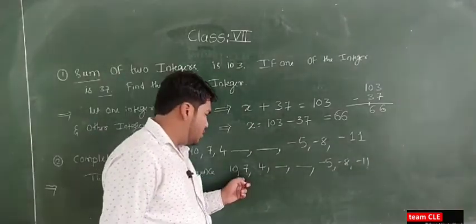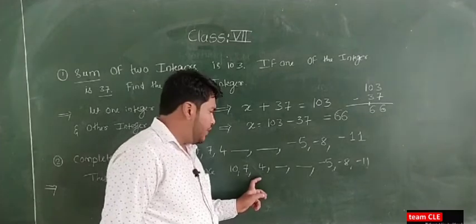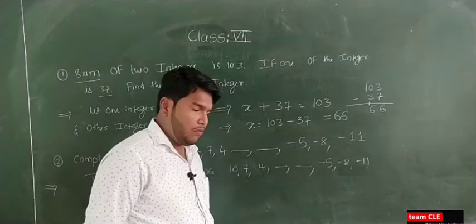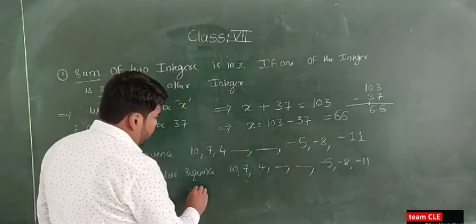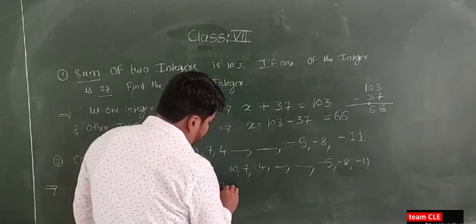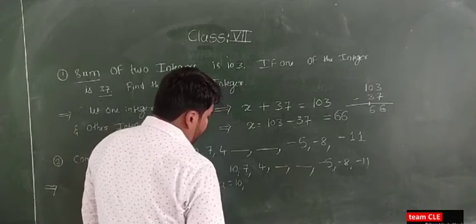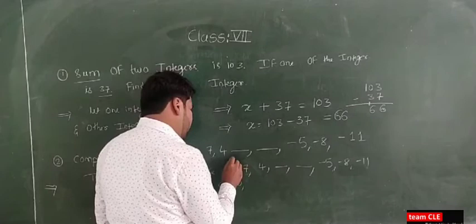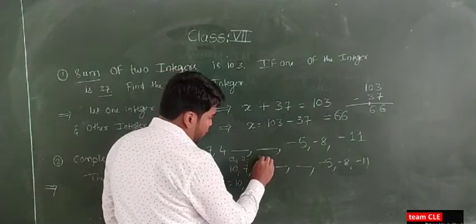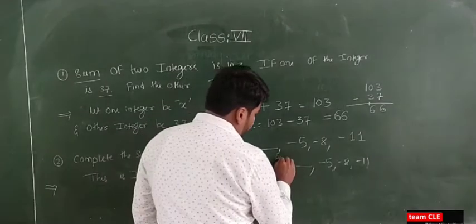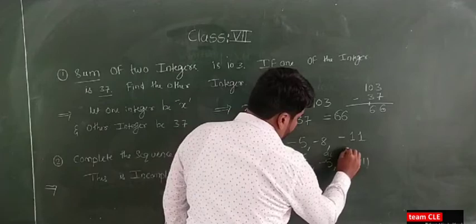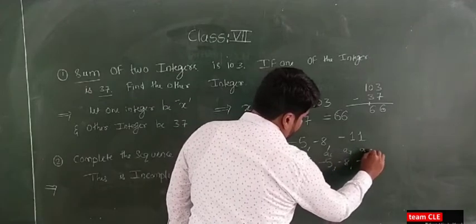Firstly, you have to check the difference. If the difference is the same, then you can find the unknown terms. So what is the difference here? See here, first term a is equal to 10, and I denote the second term as a1, a2, a3, then the unknown terms a4, a5, a6, a7, a8.